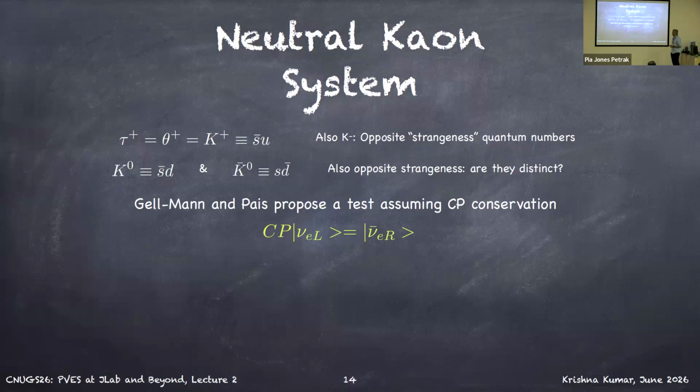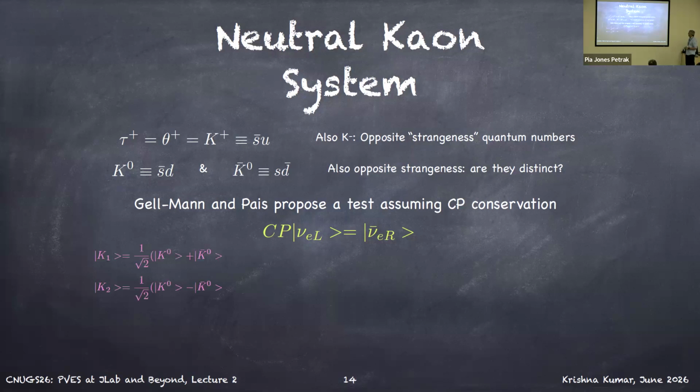Assuming CP conservation, they proposed the following experiment, which was immediately done. So first of all, when you apply the CP operator, you take a left-handed particle to its right-handed antiparticle, right? So if I take the electron neutrino left-handed and apply the CP operation, you will get the right-handed antineutrino. So let's do this to the kaons.